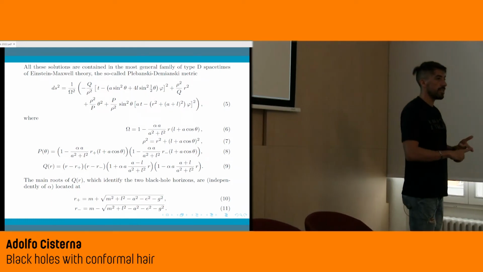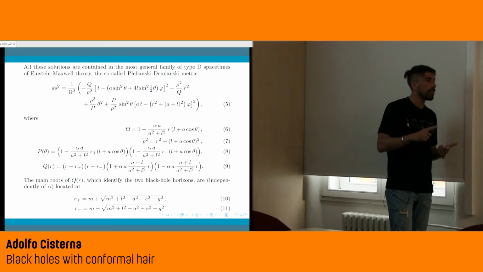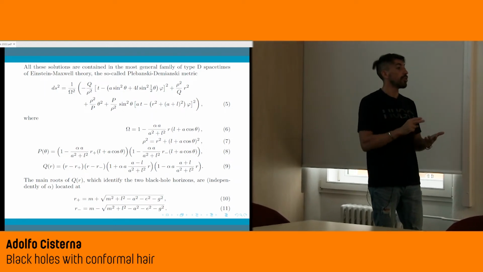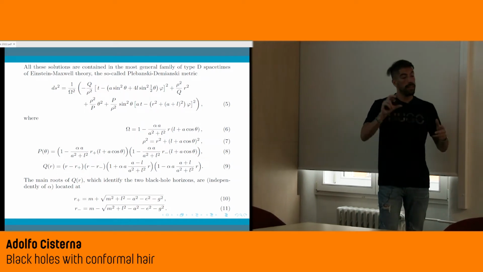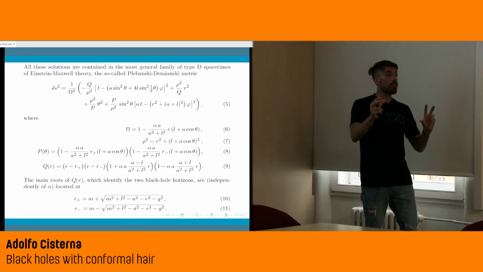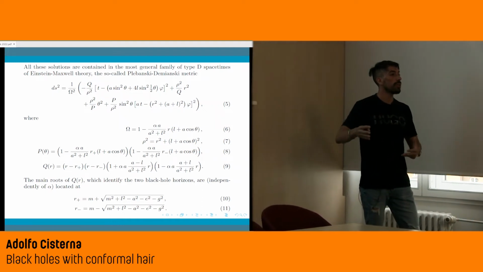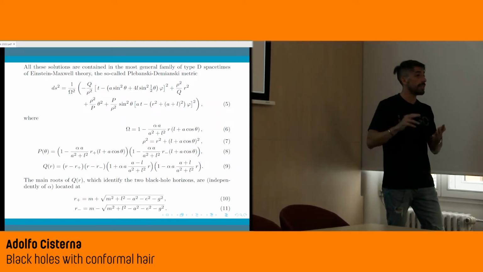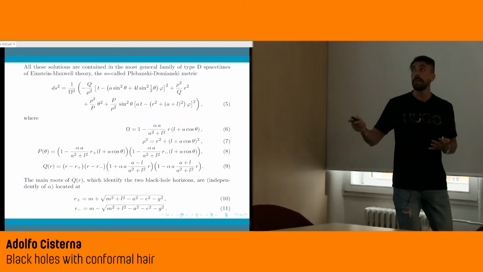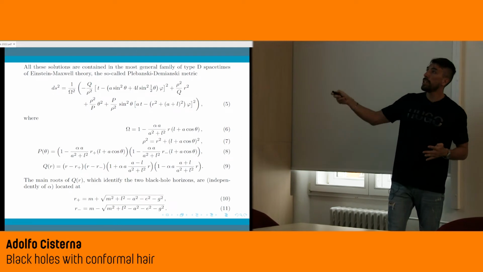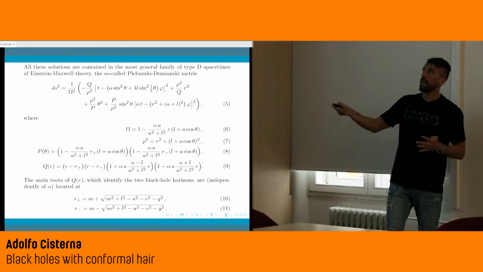I can include charge, so I will find the charged version, Reissner-Nordström. I can now include stationarity, so I will also find Kerr or Kerr-Newman, which are rotating uncharged or charged black holes. And I will also be able to include acceleration and the Taub-NUT parameter, which is the parameter that controls this solution I'm going to tell you about soon. All these black holes are contained in the Plebański-Demiański family.